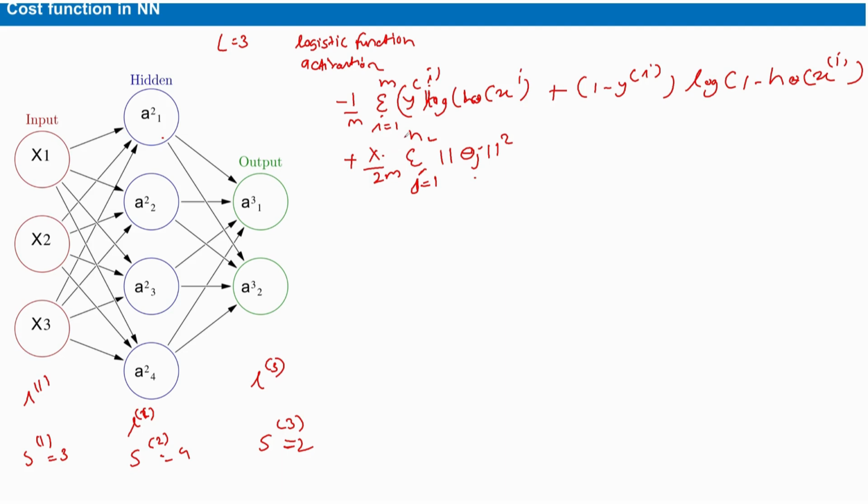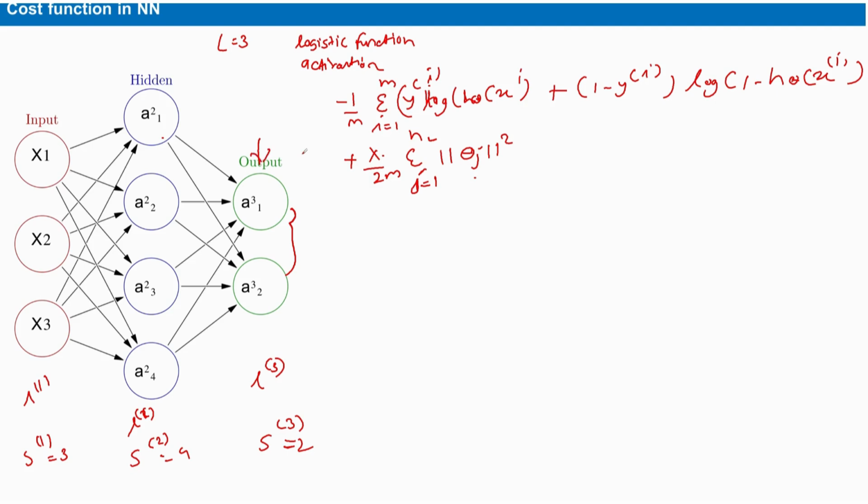This is the logistic cost function for a single neuron, but here we need to apply it to the neural network. Inside the neural network, the output depends on the number of neurons present in the last layer.